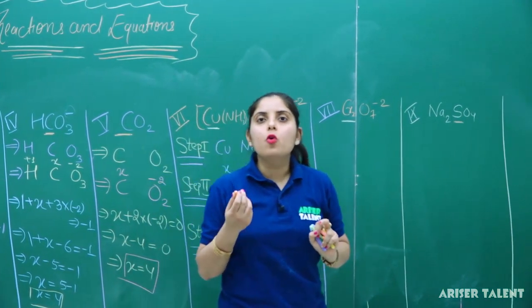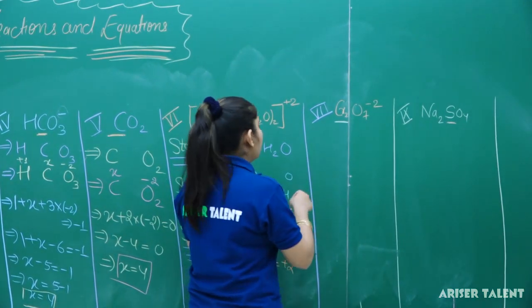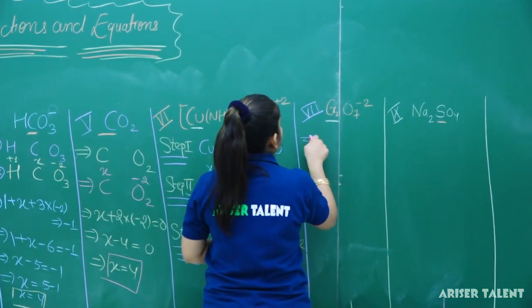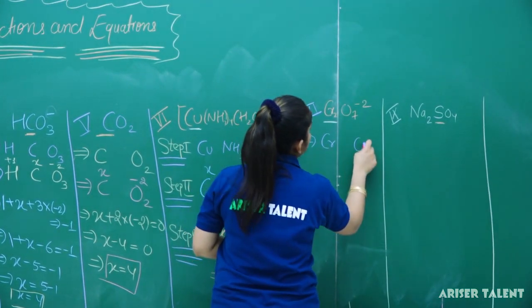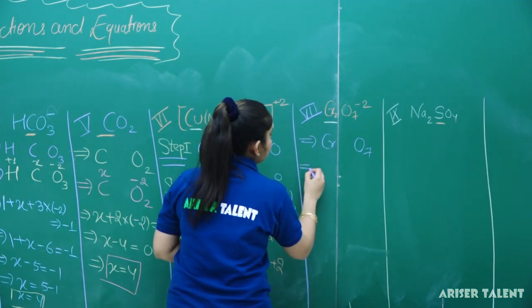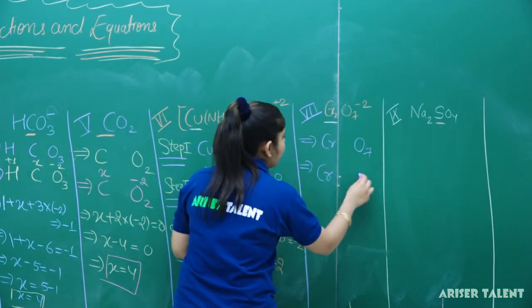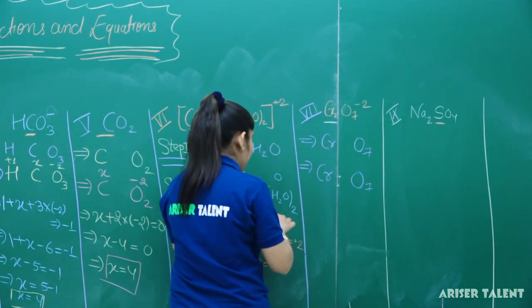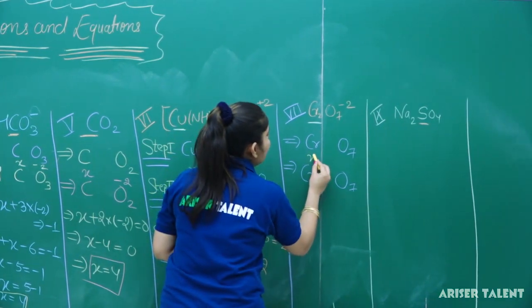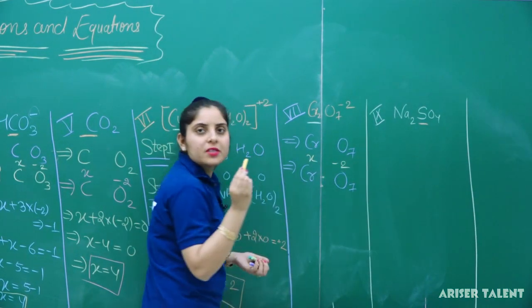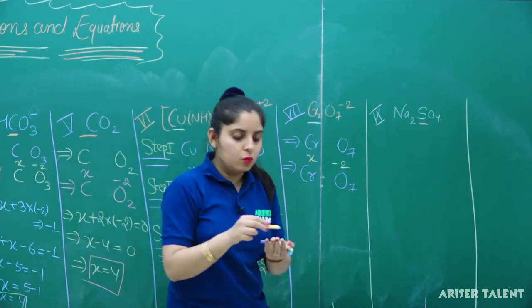This is basically a dichromate ion. Now we will follow similar steps. First write chromium here, oxygen here, chromium here and oxygen is provided with 7 atoms. So chromium is X and oxygen has a charge of -2.